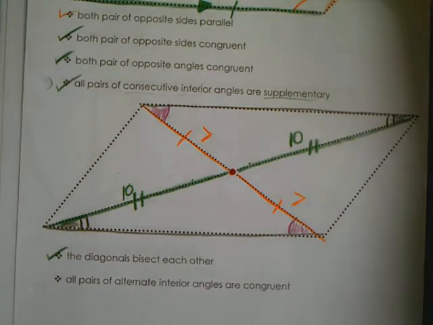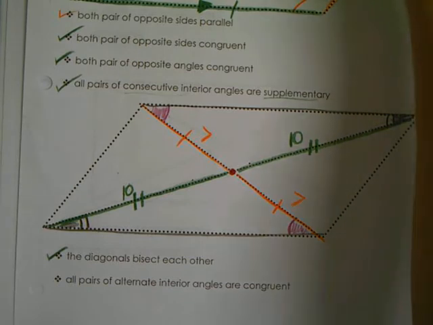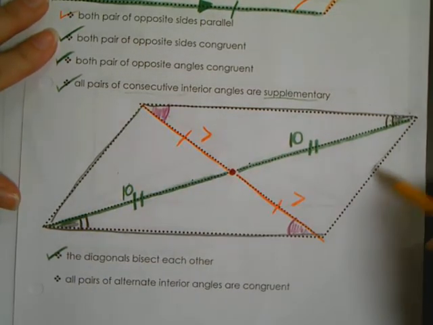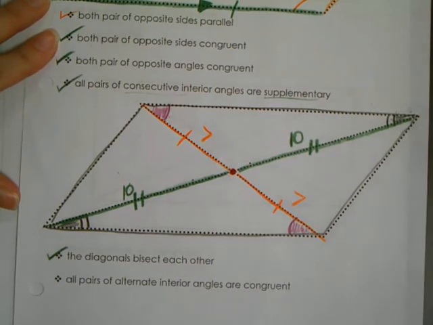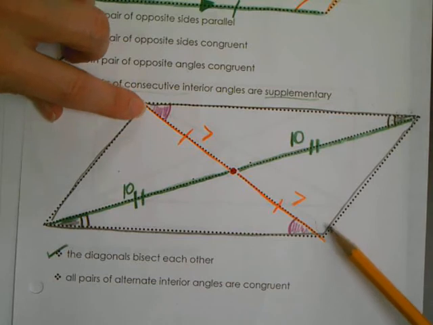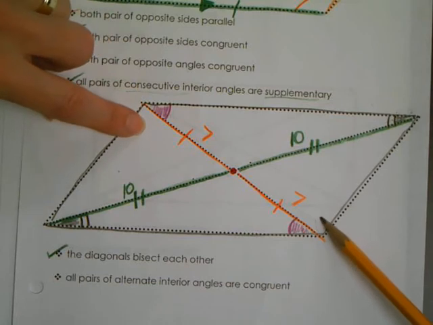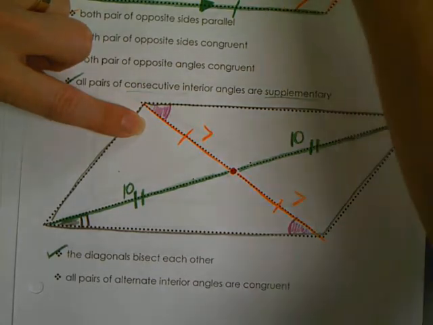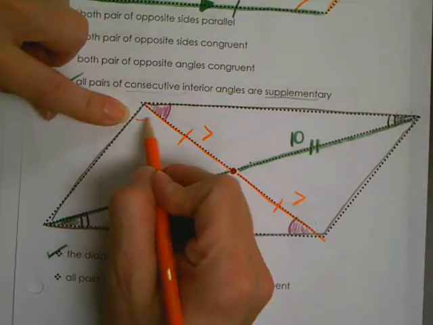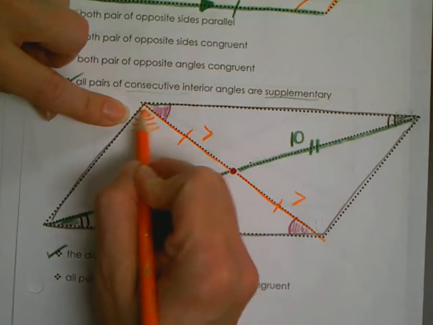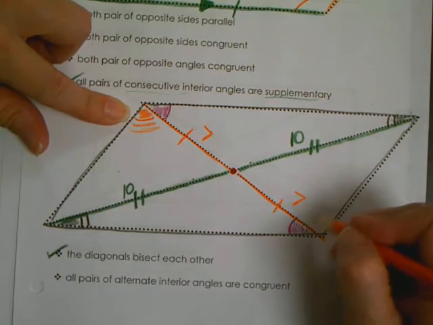Well, we also have a set of parallel lines over here, this one and this one. The transversals, or the diagonals, intersect with those as well. And so we have these angles right here, which are alternate interior. So I'm going to get a different color. This angle here is congruent with this angle here.